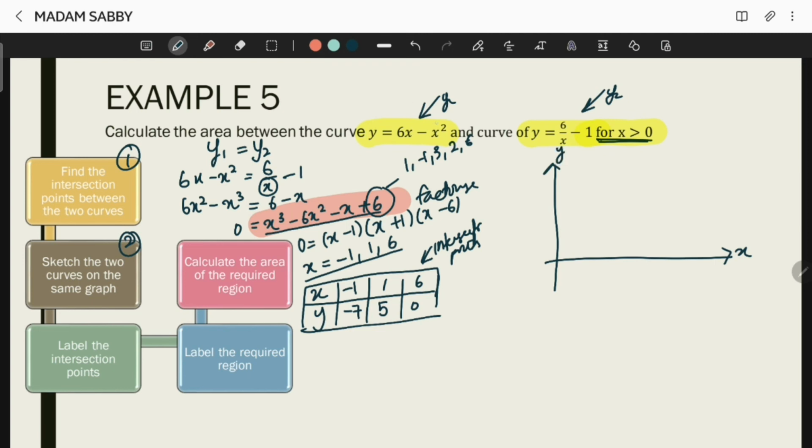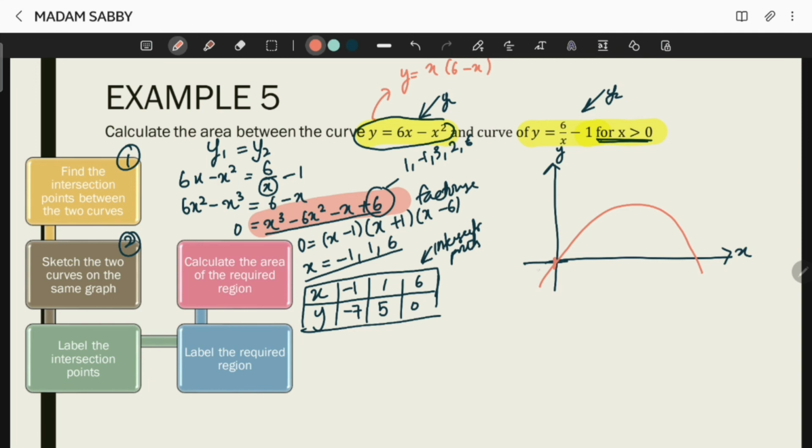The x-intercepts of y1, y equals 6x minus x squared, which we can simplify to y equals x(6 minus x), are 0 and 6. So 0 and 6.